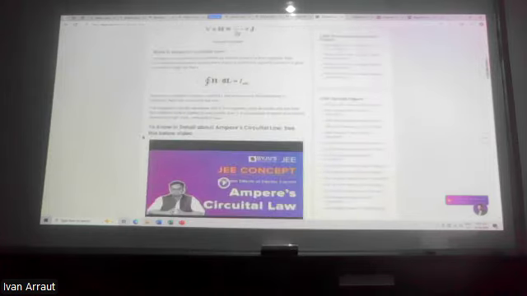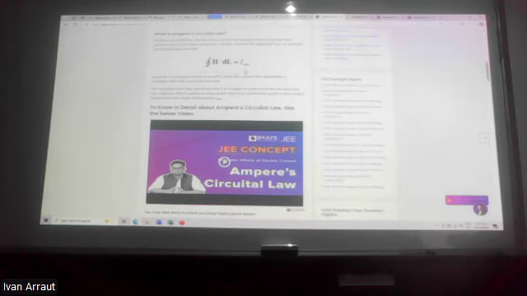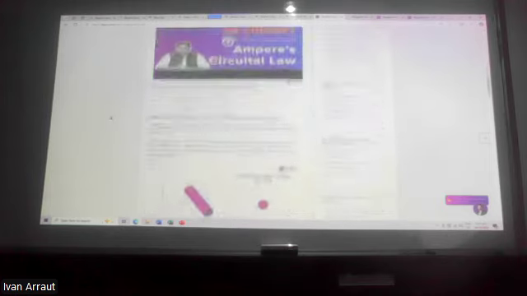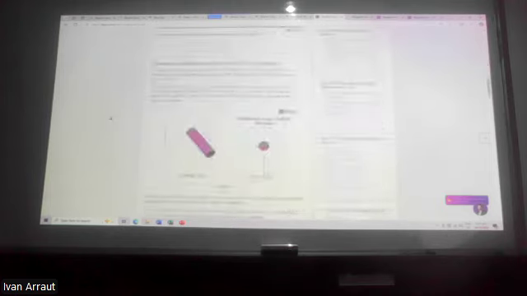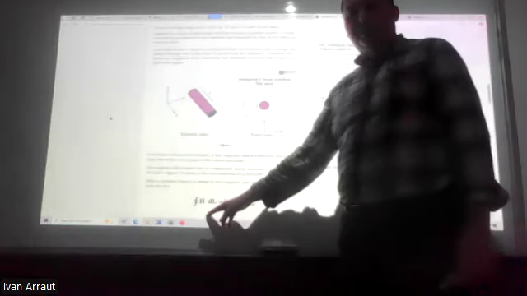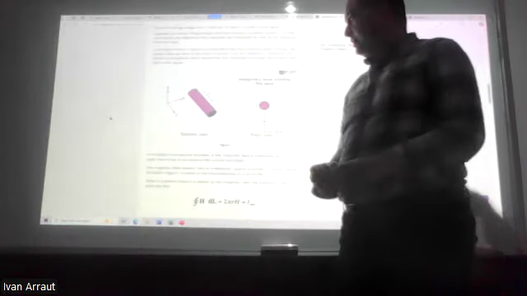So the Ampere law is telling me that the closed line integral is proportional to the enclosed current. And this is an example. We will not use H, we will use B because we will work with simple cases.